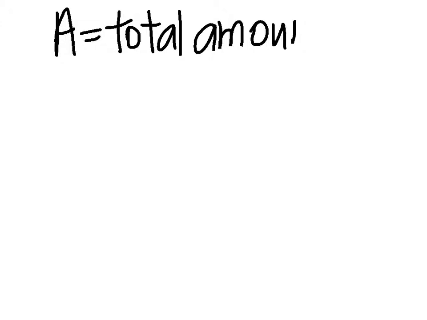So the A refers to the total amount or the accumulated amount. That's how much we will end up with at the end of the total time that we're either investing or borrowing.